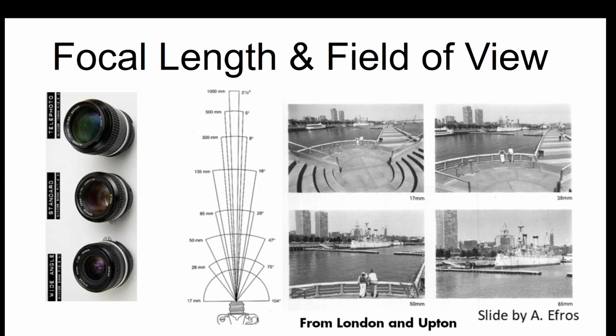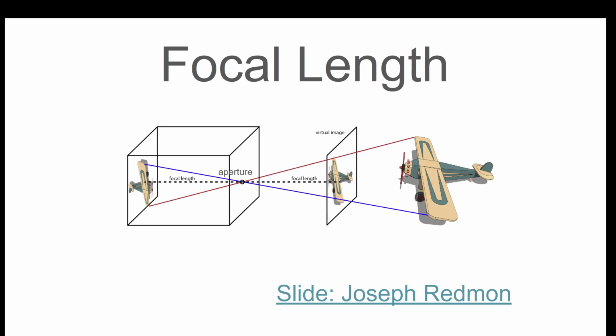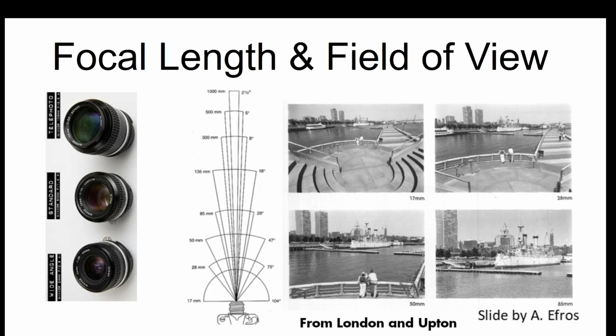Focal length is how far away that image plane is from the aperture, and we talked about how in a lens you can manipulate that by putting different lenses in front. That has a pretty big impact on our field of view, so what is actually visible, and this is why I talked about a telescope. A telescope allows you to magnify in quite a lot. It changes our field of view to a very narrow part of what you could normally see, right? It's because it's a different focal length than your eyes.